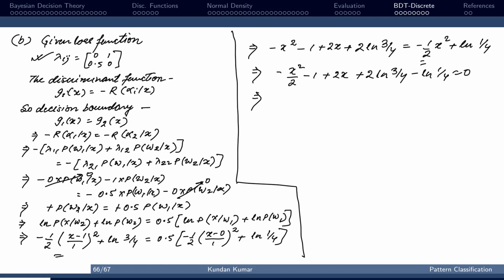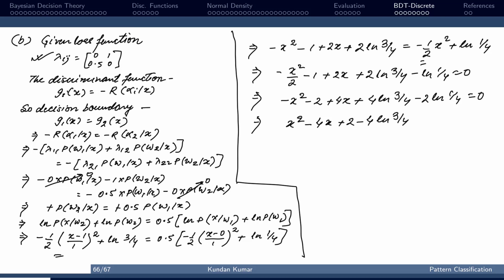Then we have to simplify this term, and it will be minus x square minus 2. Just we are multiplying with 2, so it will be 4x plus 4 ln 3 by 4 minus 2 ln 1 by 4 equal to 0, and then x square minus 4x plus 2 minus 4 ln 3 by 4 plus 2 ln 1 by 4.